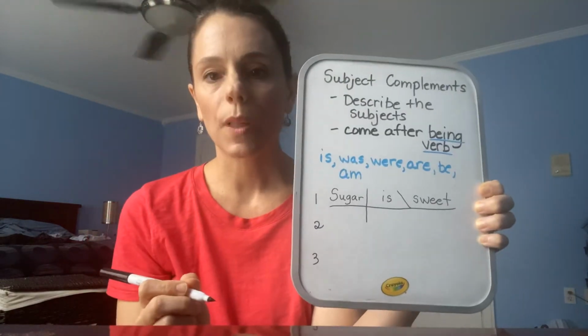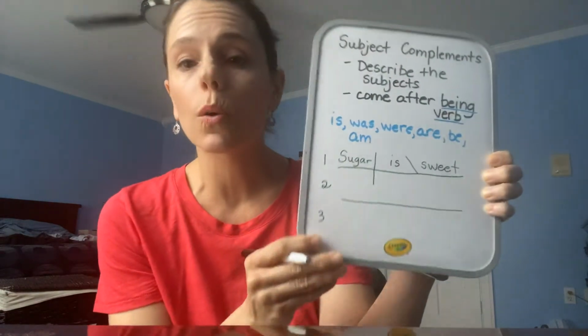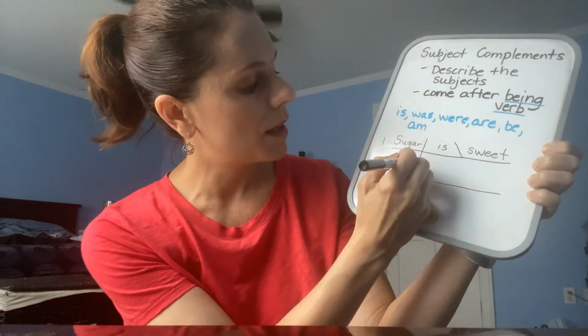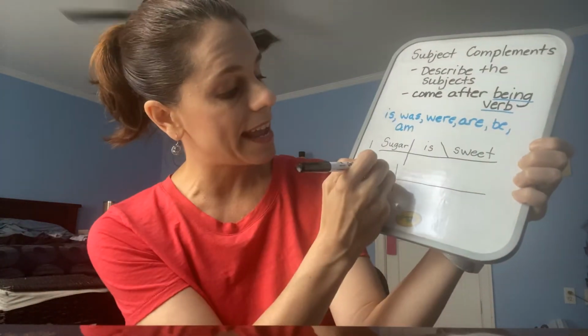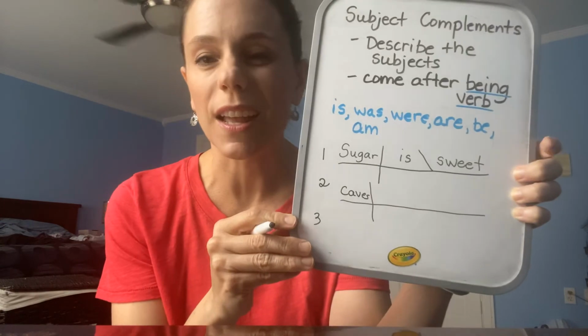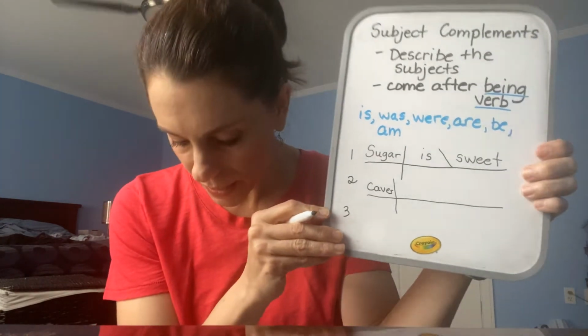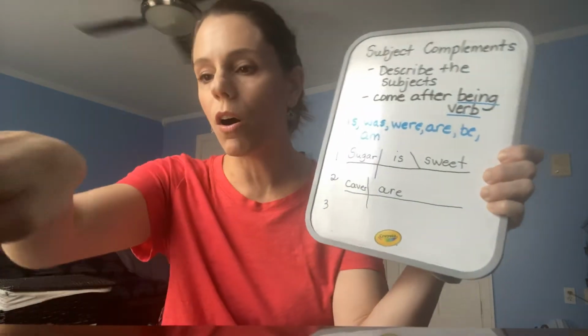So I'm going to have my diagonal line, and I'm going to put sweet. Okay? Exercise 2. I'm going to make a longer horizontal line and do my vertical line right there. They have given us caves. You want to make it as straight as you can. I know that's a little crooked, but caves. And there's your being verb, are. What are caves?